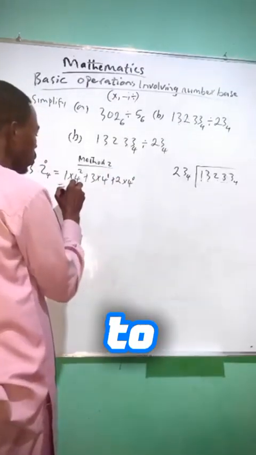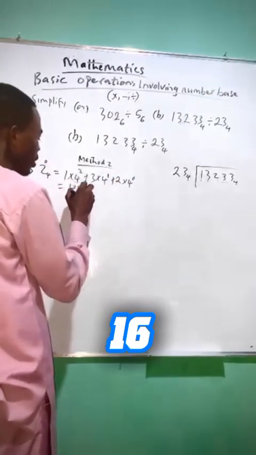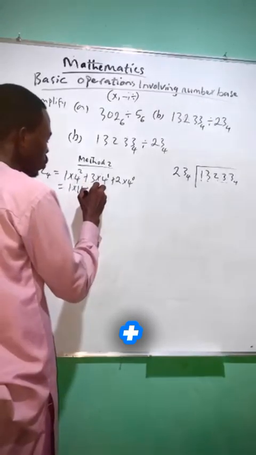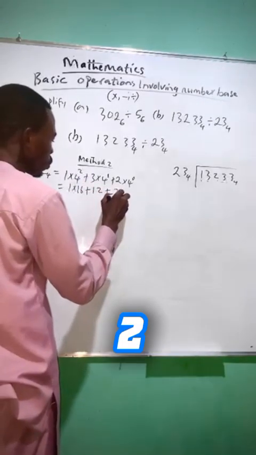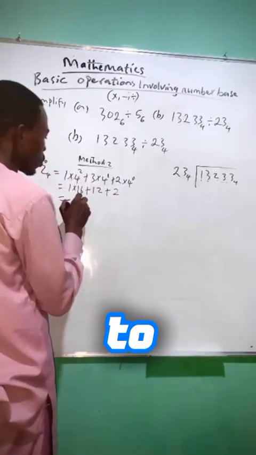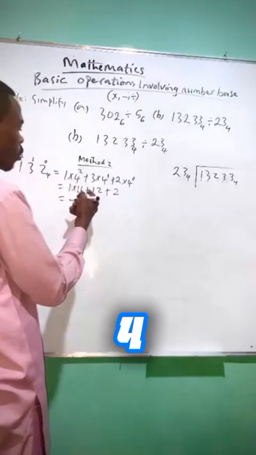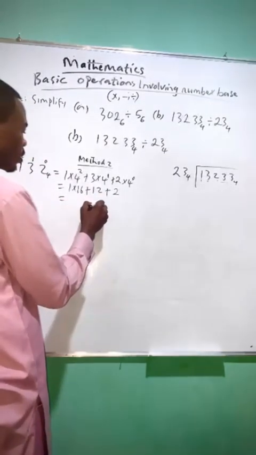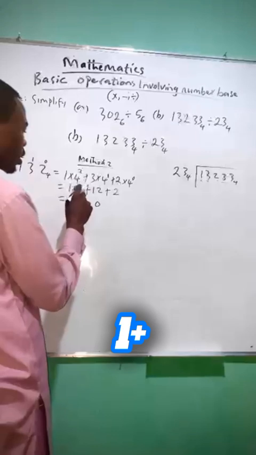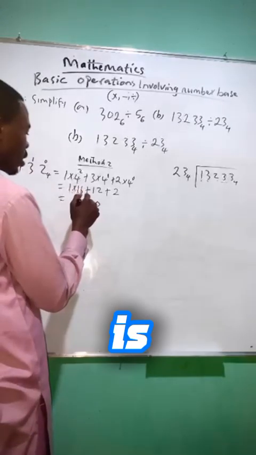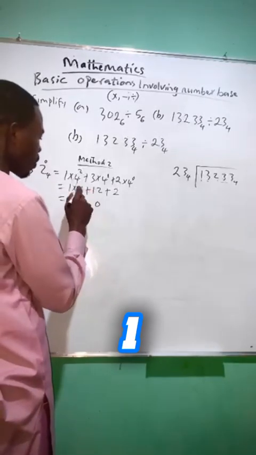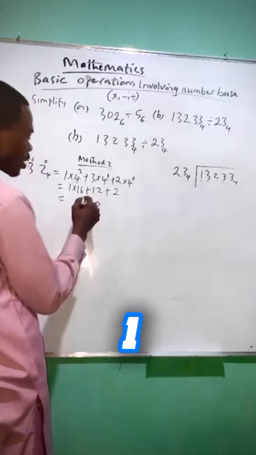This will be equal to 1 times 16 plus 12 plus 2, which is equal to 30.